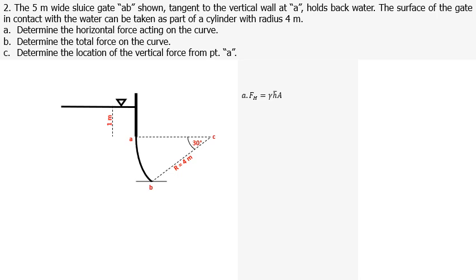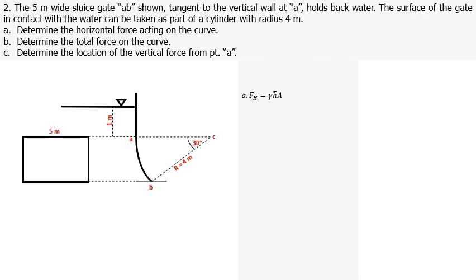In letter A, we are asked to solve for the horizontal component of the total hydrostatic force, or simply the horizontal force FH, which is equal to gamma h bar area. But first we need to solve for h bar by projecting the area of the curve on the vertical.